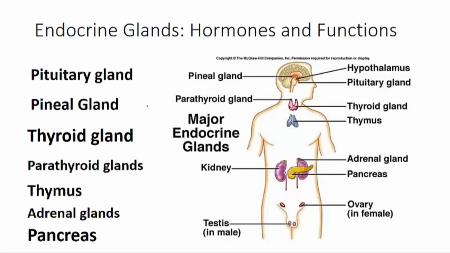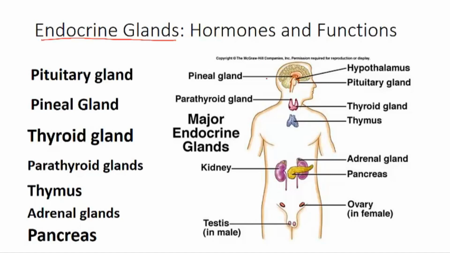Let's first talk about the most important organs in our body which produce hormones, known as endocrine glands. This is a diagram which shows you all the different types of endocrine glands present in our body and what kind of hormones they are secreting.